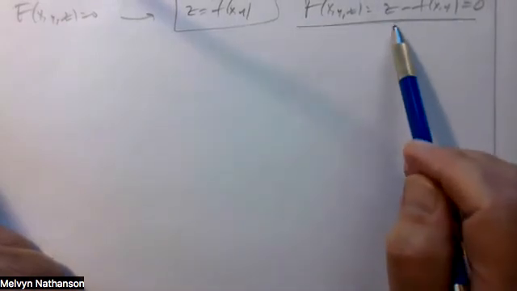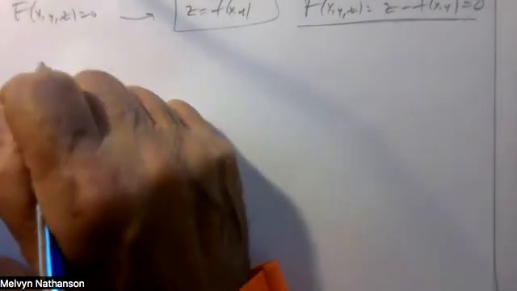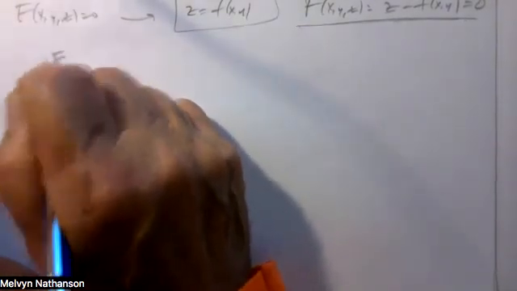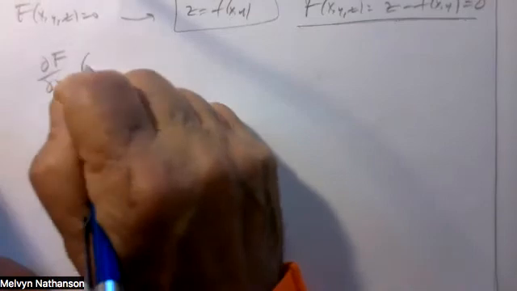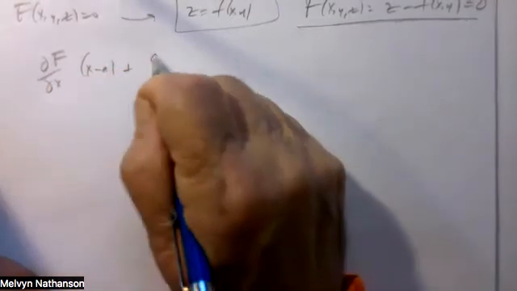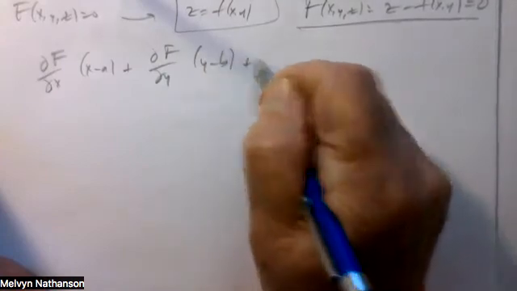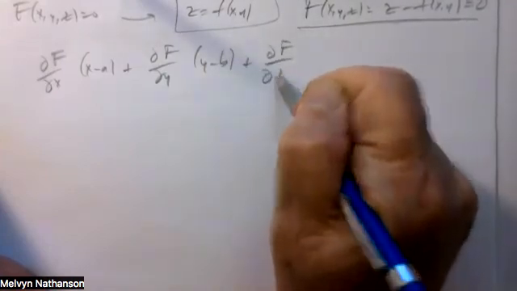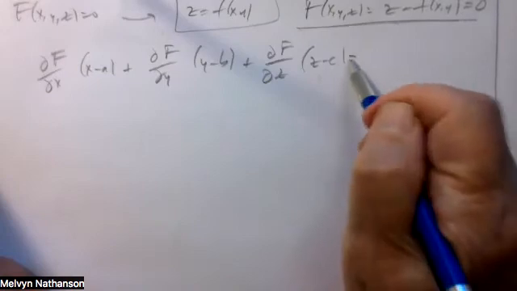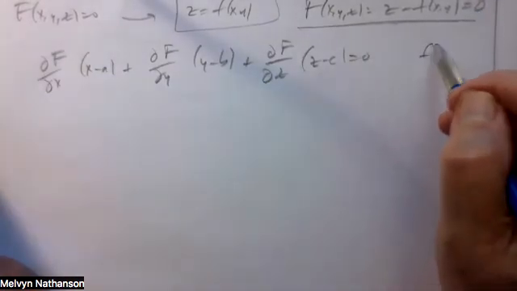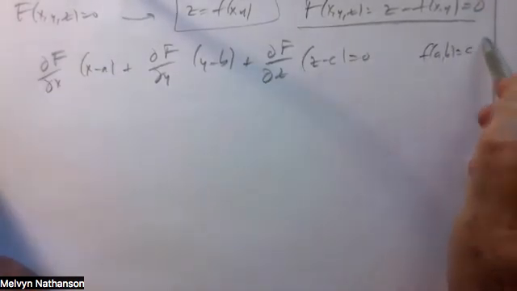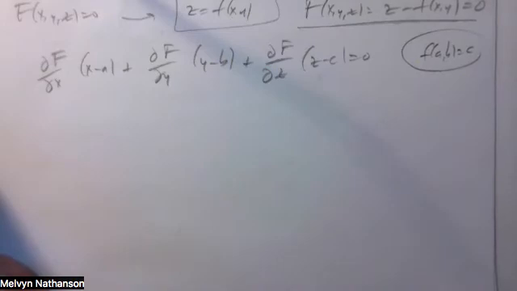And if I write it in this form, what is the equation of the tangent plane? It's the partial of F with respect to x times (x minus a), plus partial of F with respect to y times (y minus b), plus partial of F with respect to z times (z minus c), equals 0. This is for a point where f of a, b equals c that lies on the surface.